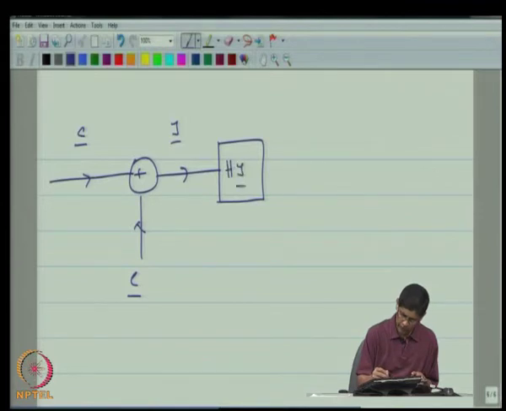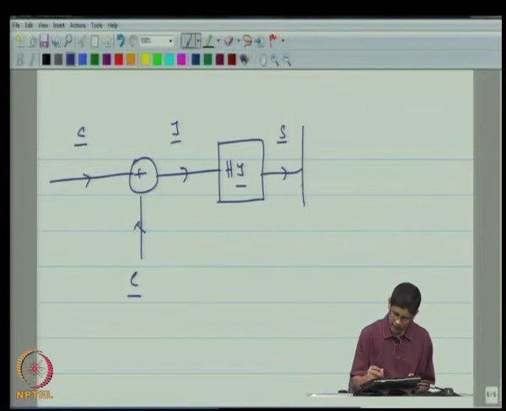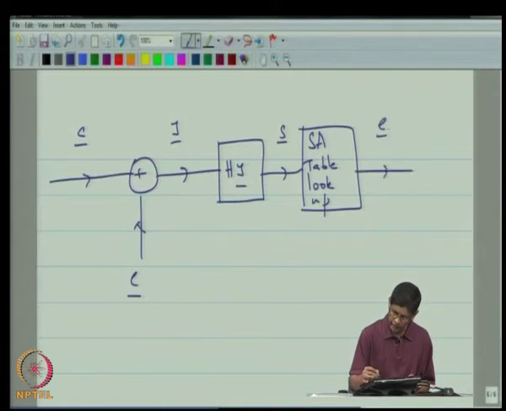So, you compute H times Y and what you get is S. Then you have table lookup, the standard array table lookup, and what comes out of this is E hat, which is the coset leader.